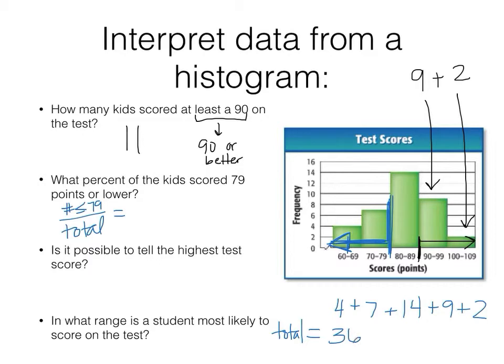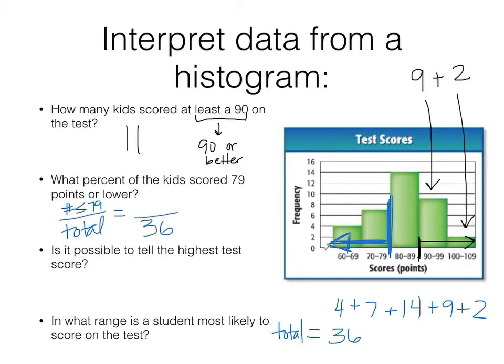Woo, big class. Or maybe it's more than one class put together. Making sure just to double check my numbers, 4 and 7, 11. 11 and 14 is 25. Plus 9 plus 2, 36. Good, just double checking. So we have the total number of kids was 36.